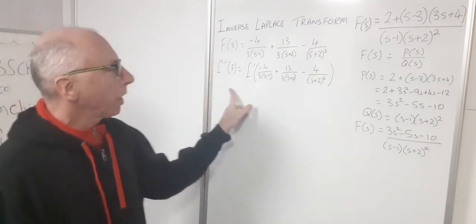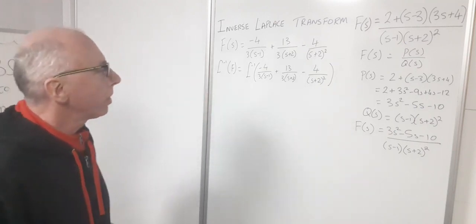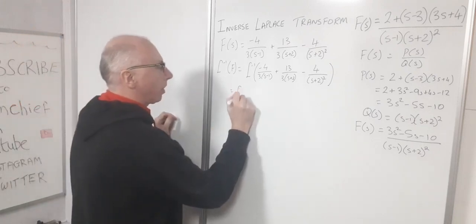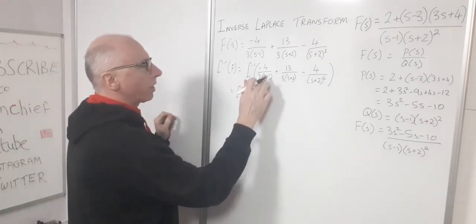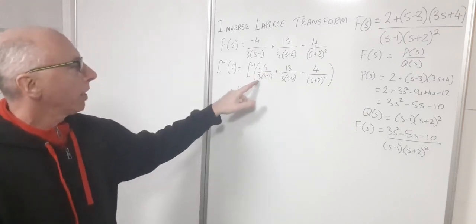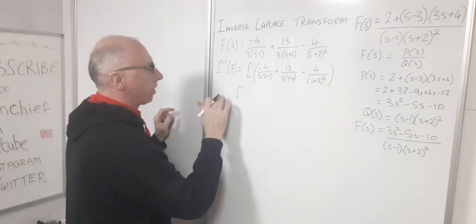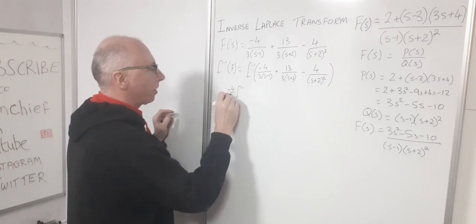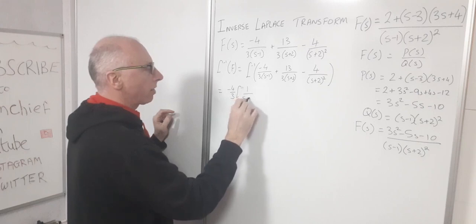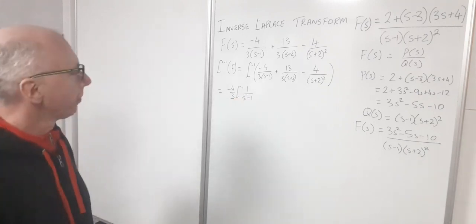Okay, so now I'm going to break these apart into three separate inverse transforms. Now this one here, I can take the constant out of it as well. So I've got minus 4 over 3, and then I'm left with 1 over s minus 1.